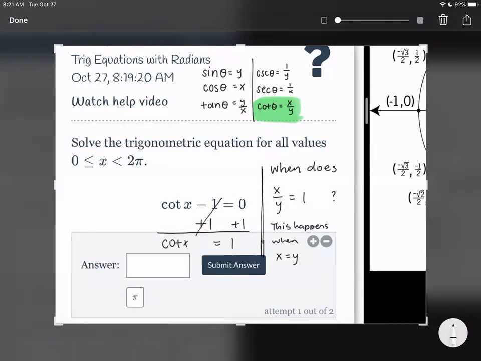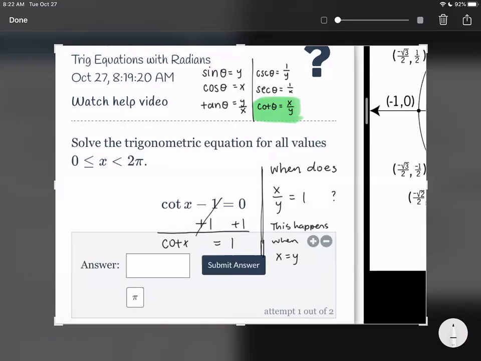Do you guys have any questions on that? I know that tangent and cotangent are one of the trickier ones because you just have to think about when does this happen? You can't just look and see it, you know? So cotangent and tangent are trickier. So when does x equal y?